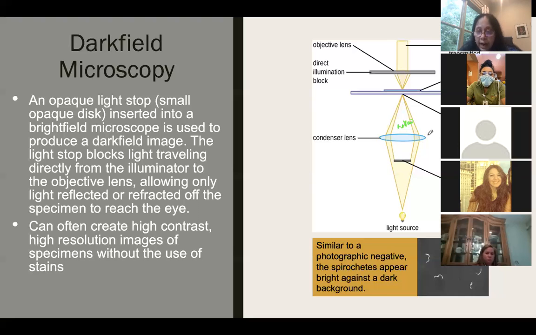But for the dark field, we block a certain amount of light. We only allow light to go through the specimen so that we can illuminate only the specimen. And that's the reason over here for the dark field microscopy, the background is really dark, but the specimens are really bright.